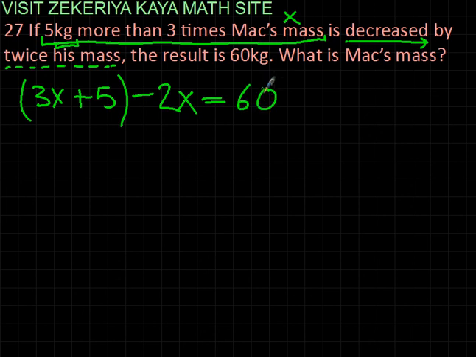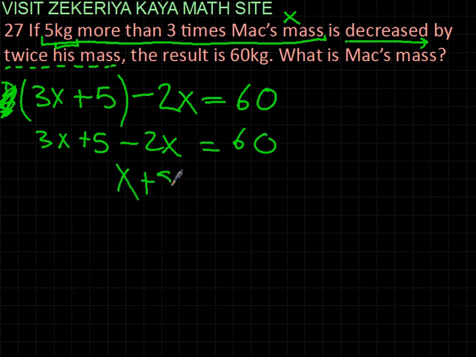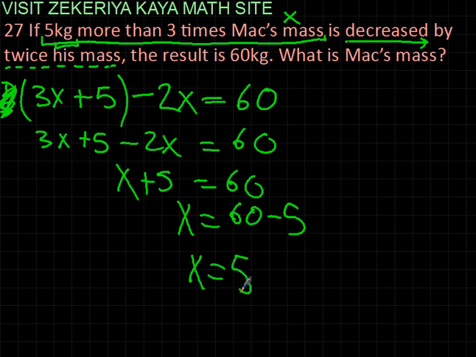So we must find Max's mass, which is x. I can cancel the parentheses directly because there is not any number in front of it. 3x plus 5 minus 2x is equal to 60. 3x minus 2x makes 1x plus 5 is equal to 60. Move plus 5 to the other side, it is 60 minus 5, which is equal to 55.